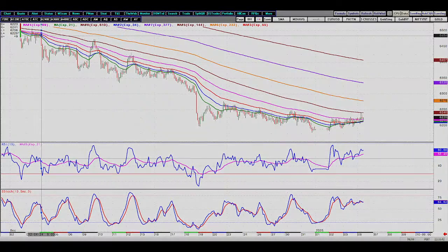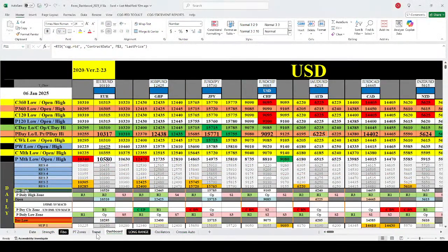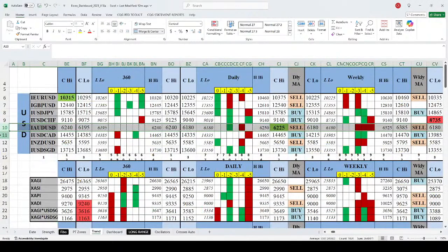Next, let's move on to the next cross. The next cross we are looking at is dollar CAD.